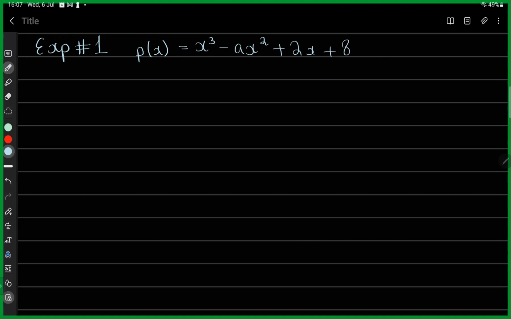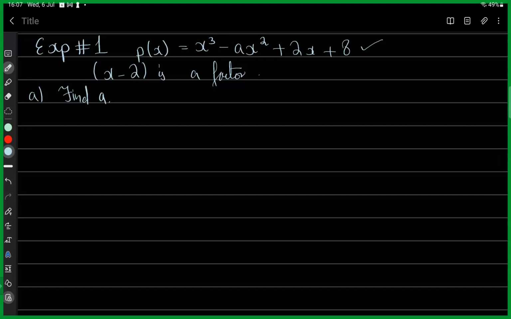It is given that x minus 2 is a factor. So the first part of the question says find a. Now we have a polynomial and we know that x minus 2 is a factor.